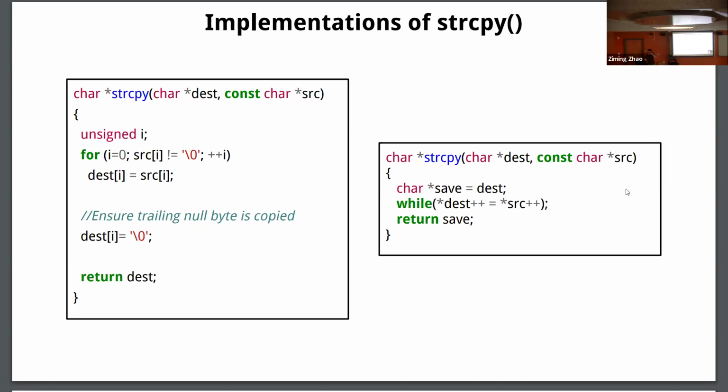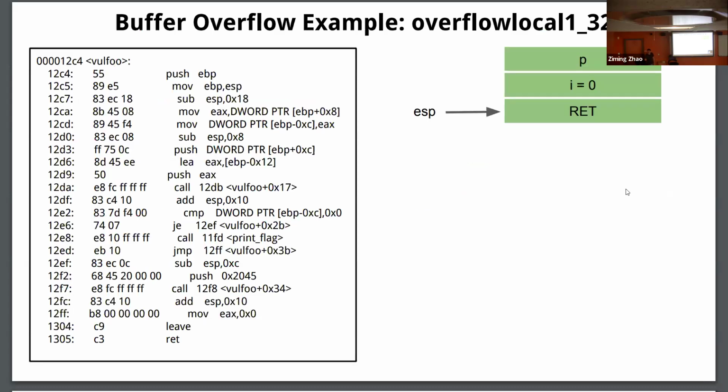So now you understand how string copy works, and you understand that string copy may overwrite the destination, and the destination may not be long enough to store whatever was originally at the source. Next, we are going to look at this piece of code line by line, to try to understand what problems this will cause.